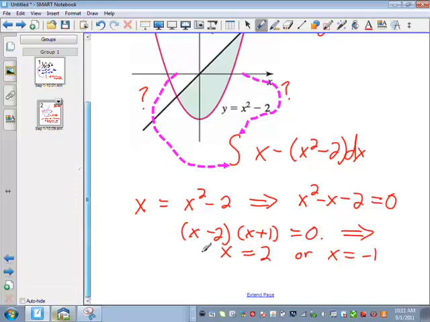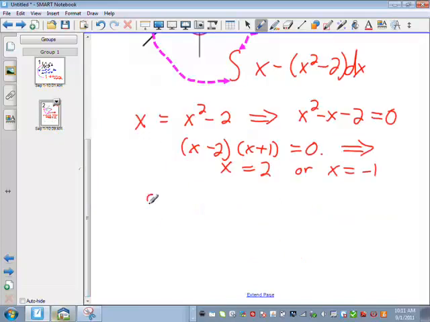So it's the integral from minus 1 to 2 of x minus x squared, I'm going to distribute the minus sign, plus 2 dx. Easy, in our sleep. I'll take questions about that.